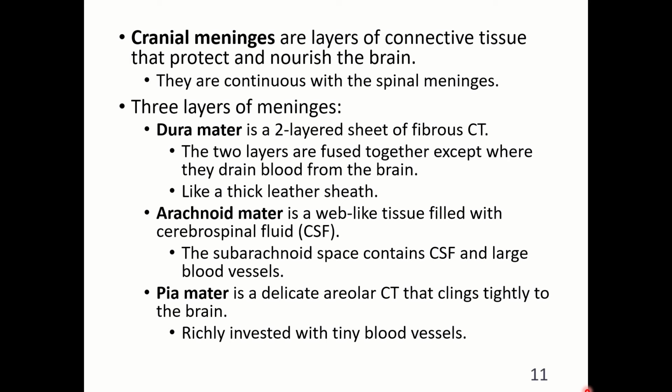The arachnoid mater is a web-like tissue filled with cerebrospinal fluid. The subarachnoid space contains cerebrospinal fluid and large blood vessels. The pia mater is a delicate areolar connective tissue that clings tightly to the brain, and it is richly invested with tiny blood vessels. So if you think about it, the arachnoid mater would be similar to the perimysium or the perineurium, right?